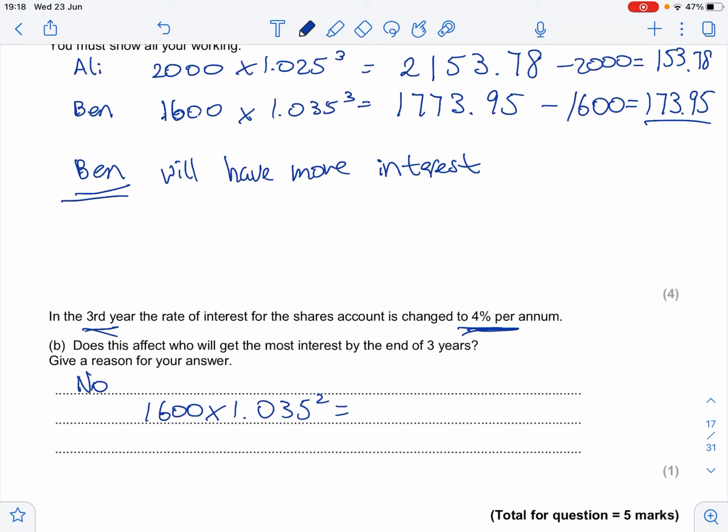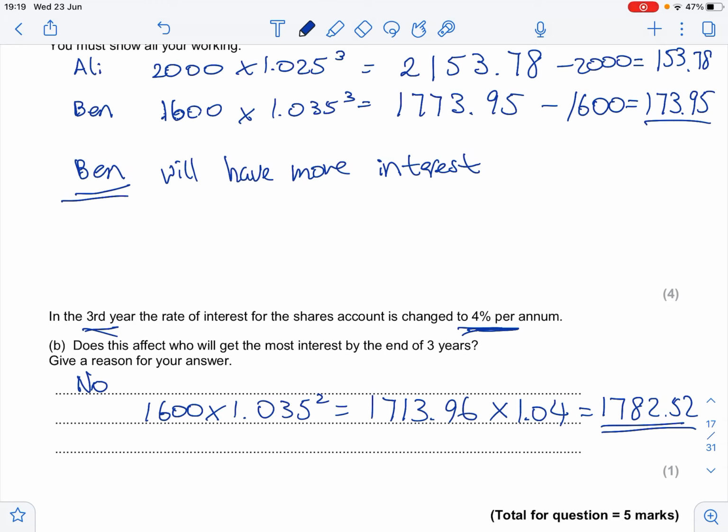So at the end of the first 2 years, he received 1713.96. Then the next year, his interest would be 1.04. Then that's how much money he gets at the end of 3 years.